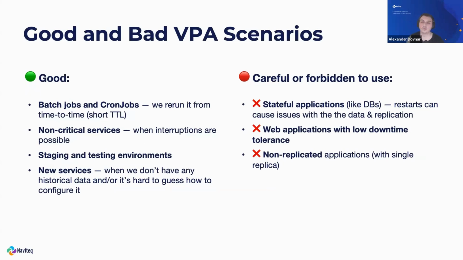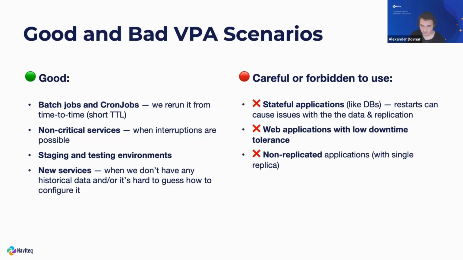But you should avoid using VPA, or be careful and understand the potential impact, for stateful and single-replica apps, because restart means downtime. And if your application is not capable of working in multi-replica mode, or it doesn't handle restart correctly, it can be a challenge.